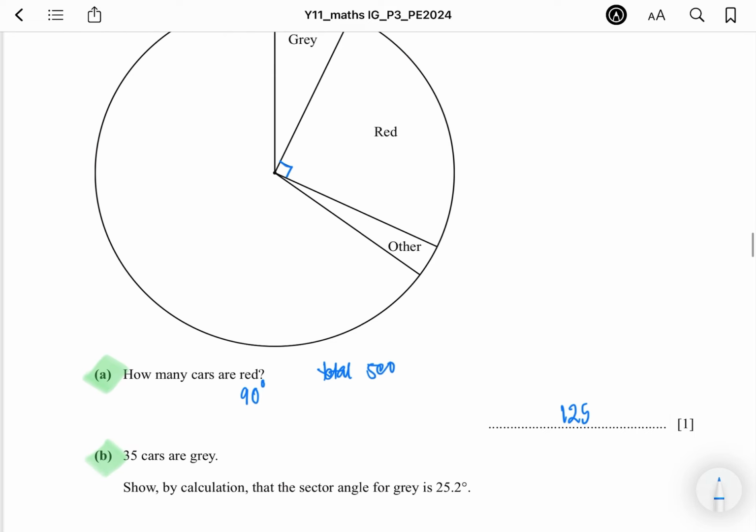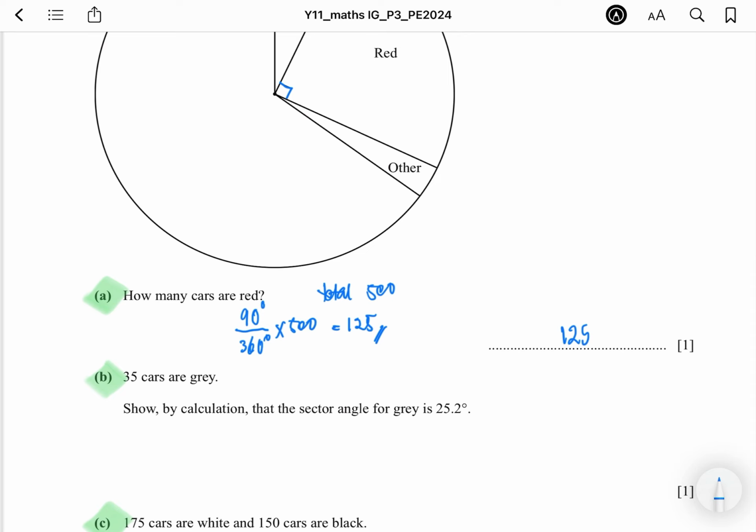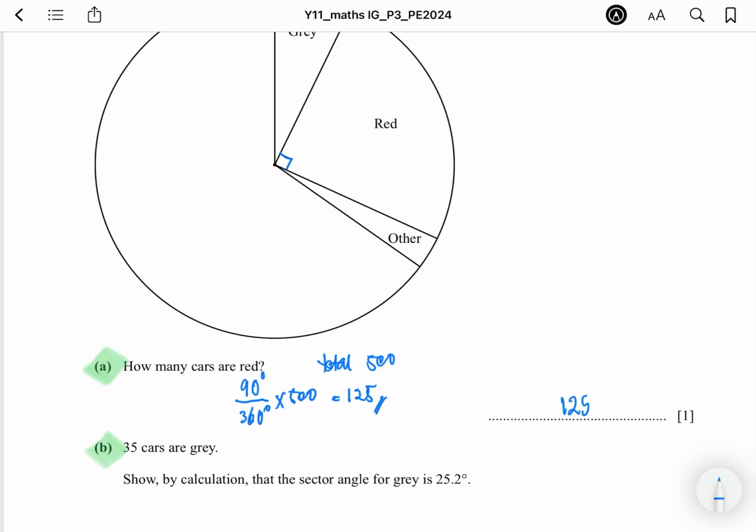So what we can do, we can just find the fraction of 90. 90 over total 360 multiplied by the total of cars, that would give you 125 cars. Okay, just like that.